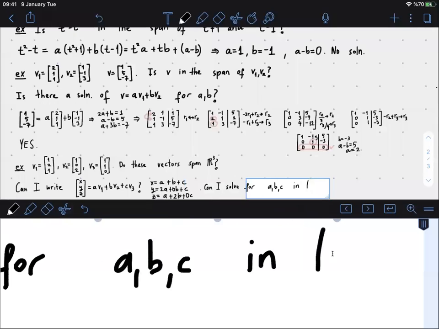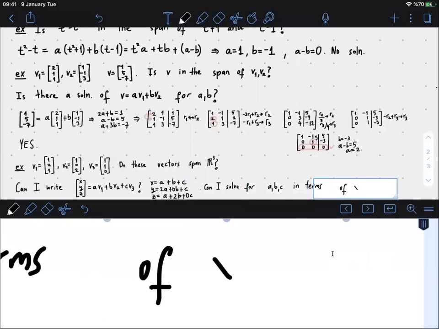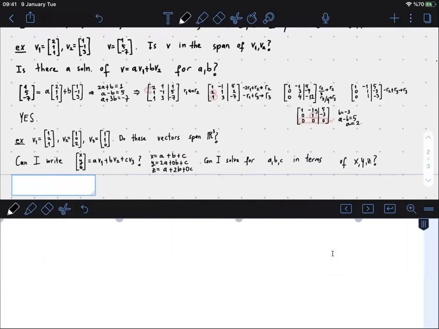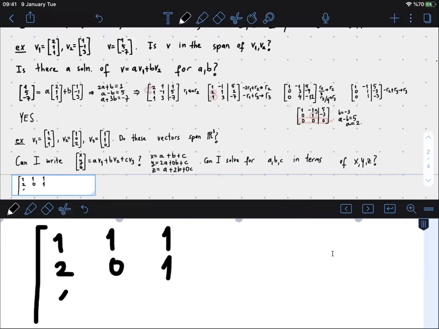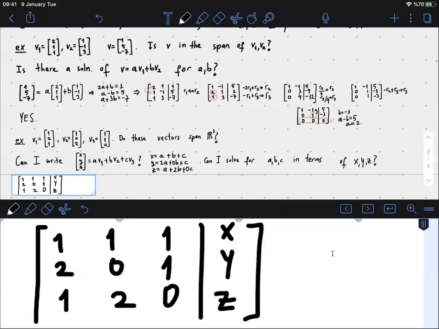So let's write in terms of x, y, z. This is really the question. If we write this in augmented form, we have 1, 1, 1, and 2, 0, 1, and 1, 2, 0. Here I have x, y, z.